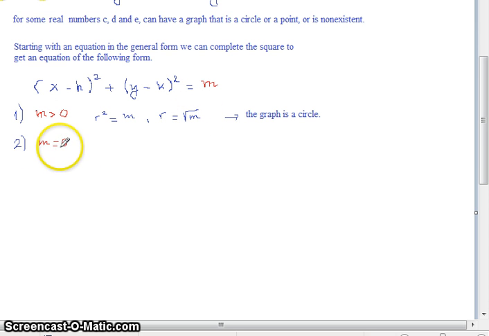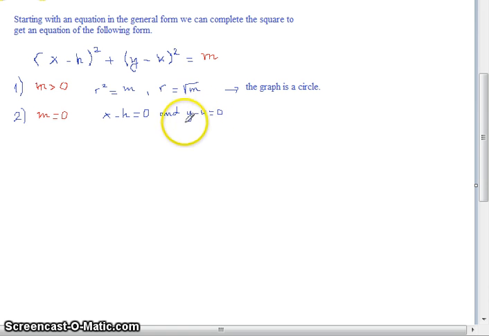The second case is to get 0 for m. If you substitute here m with 0, we'll see that the sum of two squares is equal to 0. It will be possible if and only if each of the squares is 0, so x minus h should be 0, and y minus k should equal 0.